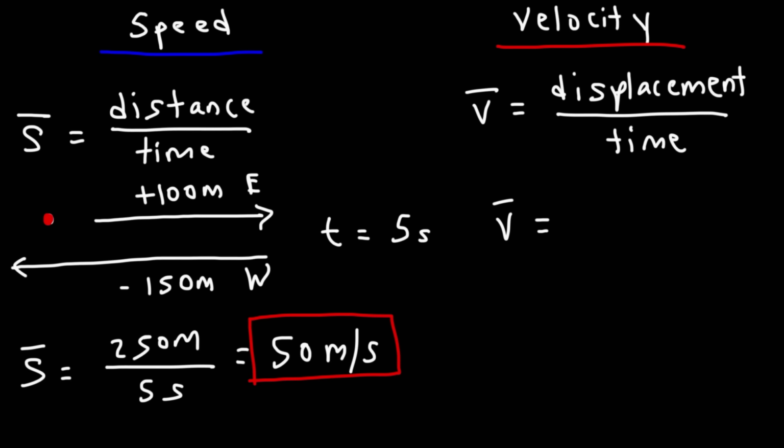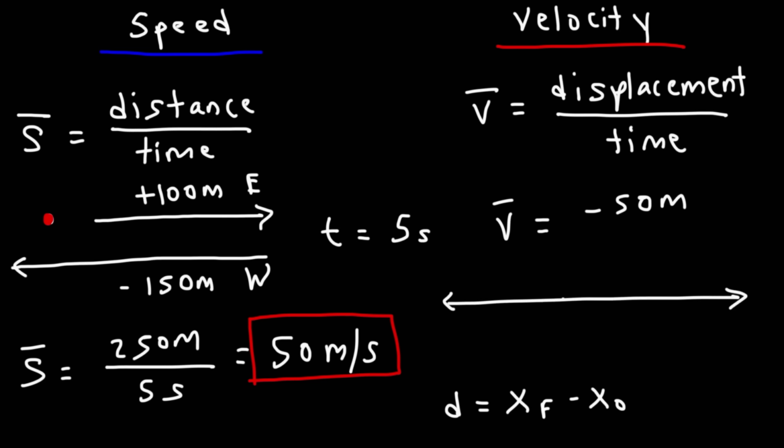If we add 100 plus negative 150, we get a net displacement of negative 50. The other way in which you can calculate displacement is by taking the final position and subtracting the initial position. And it helps to draw a number line for this.